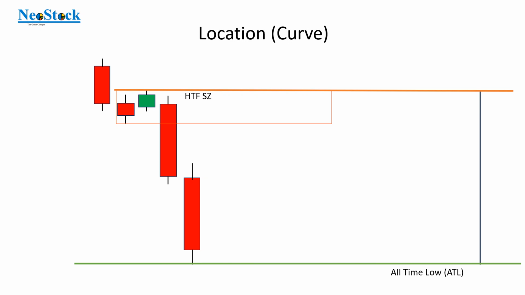Now divide this range into two equal parts. The part near the supply zone we call the seller's area, that is high on the curve, HOC. And the remaining part is called equilibrium, EQB.